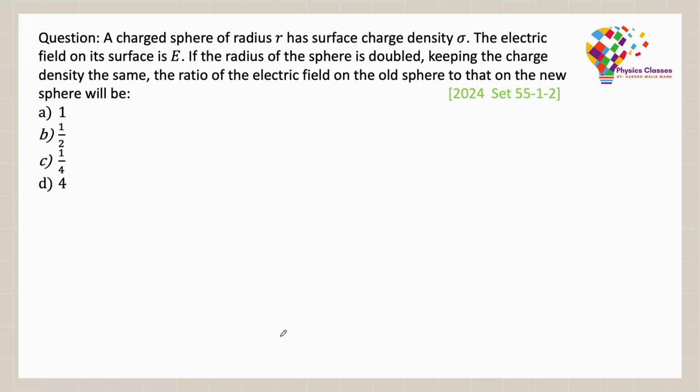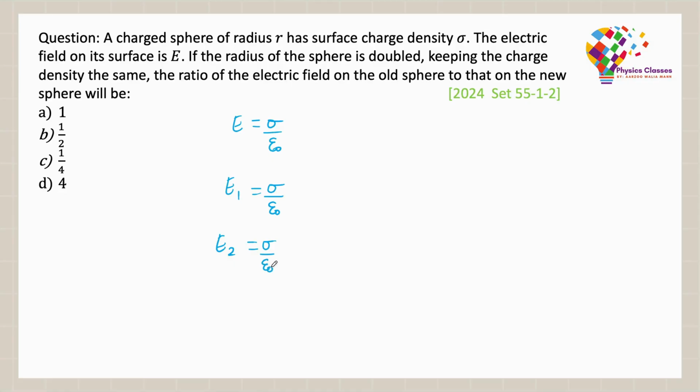If I use the formula directly, then I know that my electric field is given by sigma by epsilon naught. So in the first scenario, the surface charge density is sigma, and epsilon naught is just the permittivity of free space. I can write down the second electric field as well. Now the radius is double, but the charge density is the same, so this will also be sigma by epsilon naught.